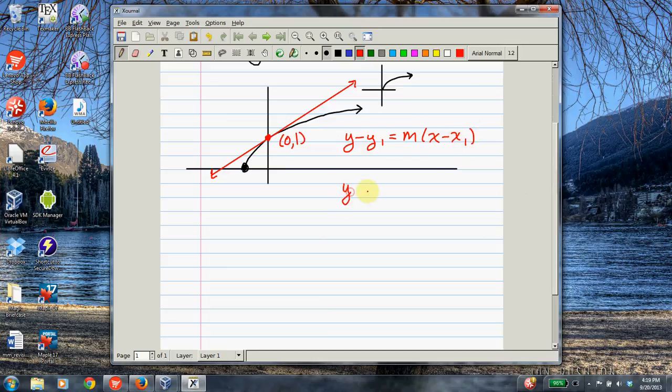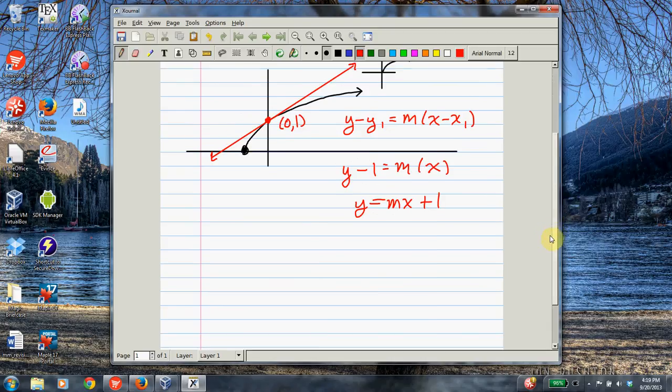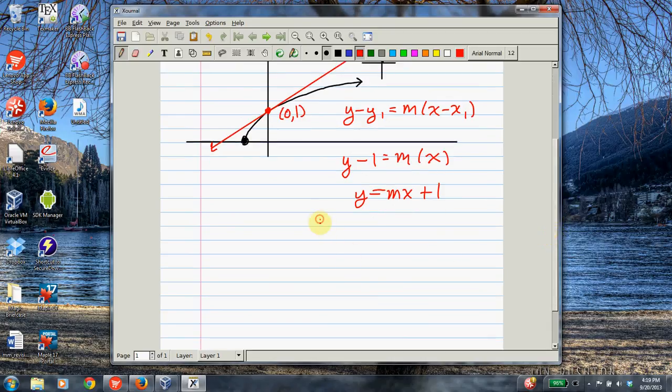The point on the line is 0, 1, so this is just y minus 1 equals m times x minus 0, so just mx. So this line is y equals mx plus 1, and the only question is what the heck is m?